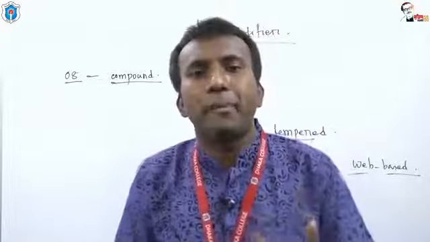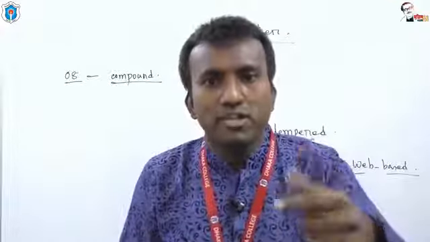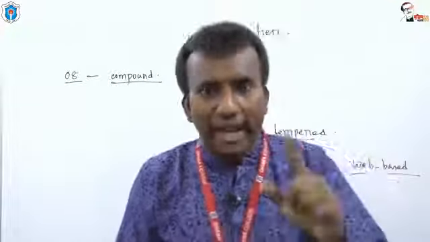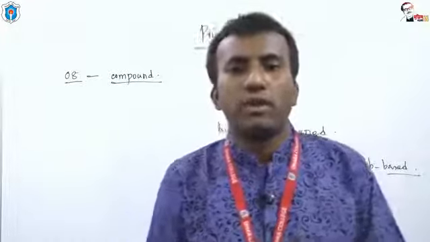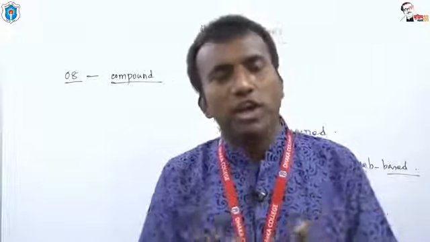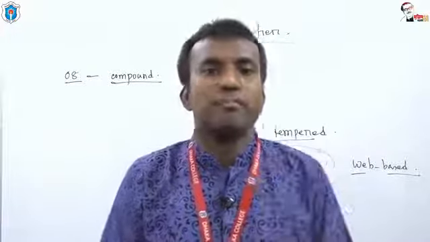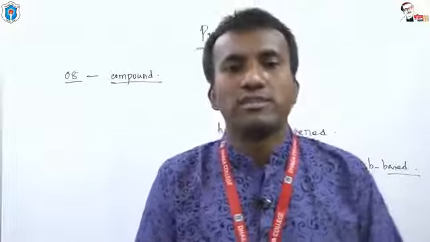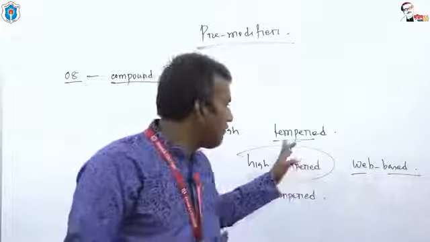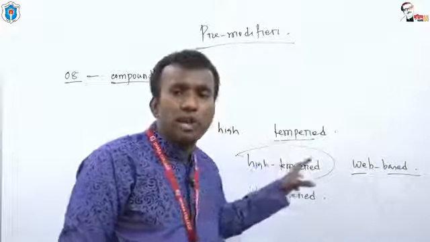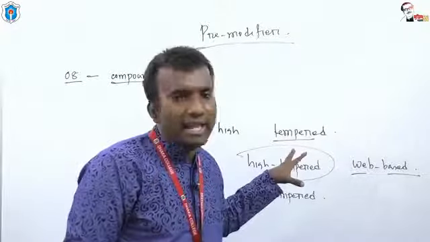So what type of parts of speech is compound when it modifies a noun? Compound actually or normally works as adjective when it modifies a noun. So in the part of modifier, compound usually modifies noun and it works as adjective.